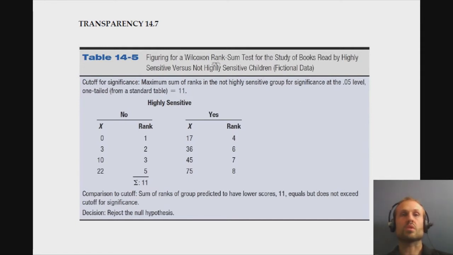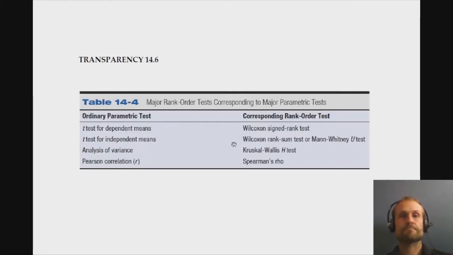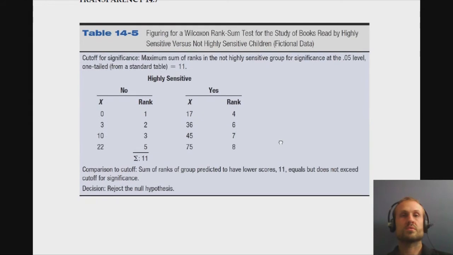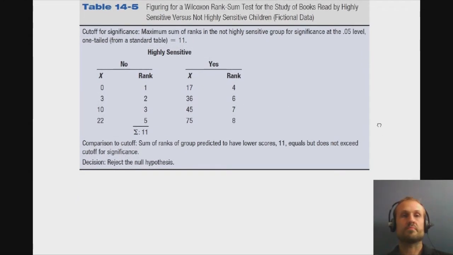If we're looking at the Wilcoxon rank sum test for the study of books read by highly sensitive versus not highly sensitive children, remember, what does that now replace in a way? The t-test for independent means. So I have two separate groups trying to see, are their means different or the same?